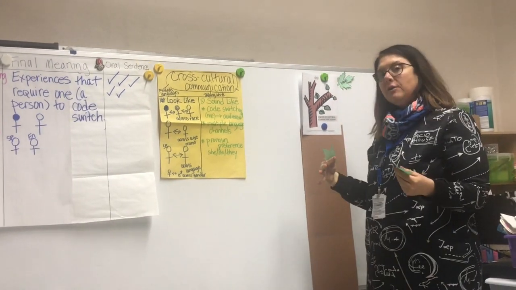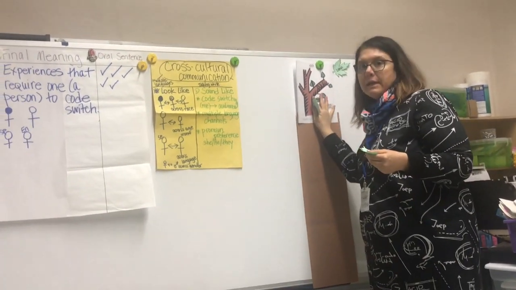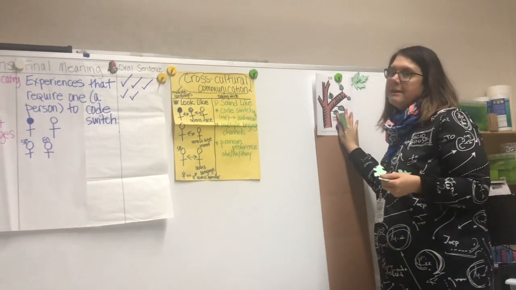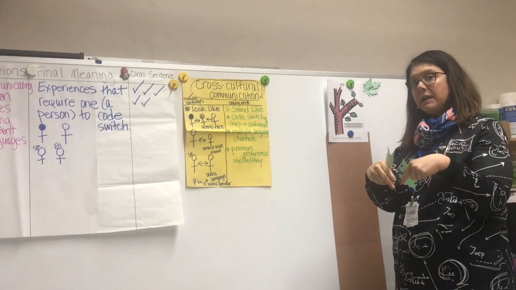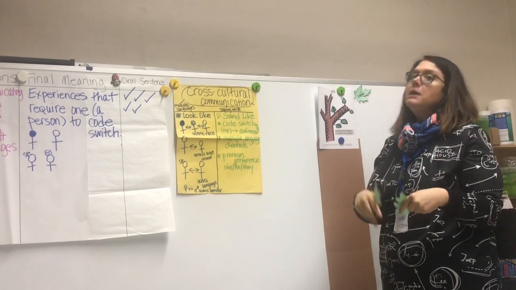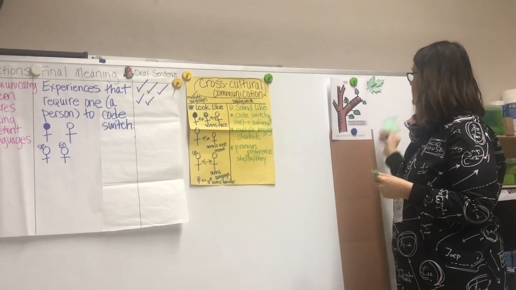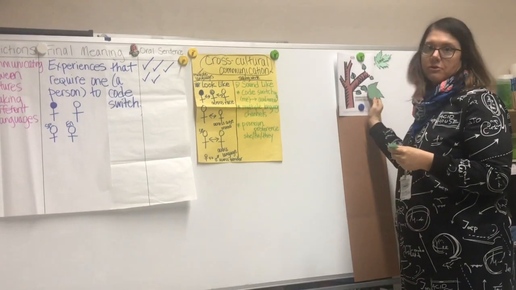And then I'm going to have these added to our tree. What I'm trying to do is connect this tree that we've used with our weekend reflection, or with other things, to our lessons and how we're presenting ourselves in class every day. So in this particular sense, I might be looking at cross-cultural communication.